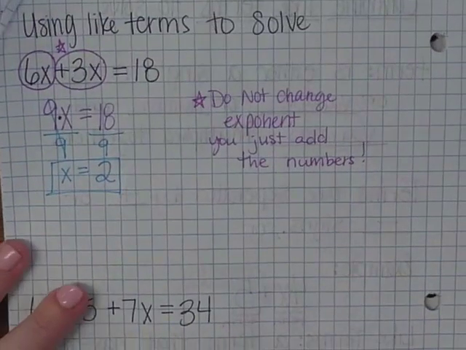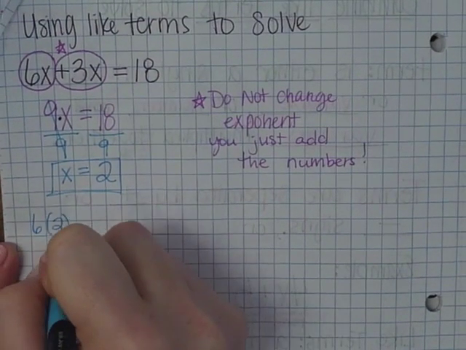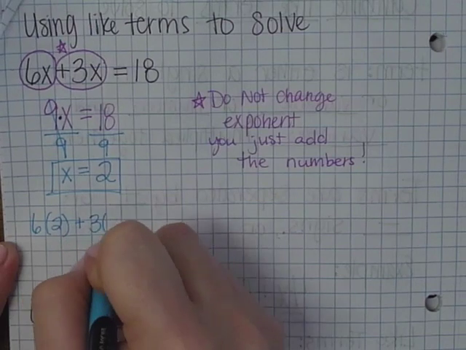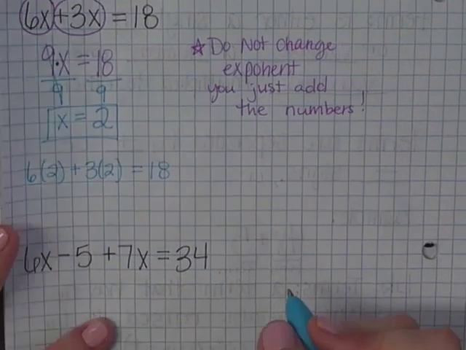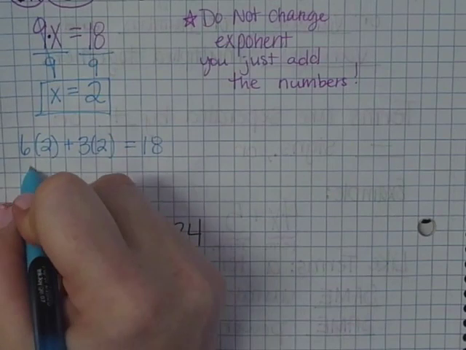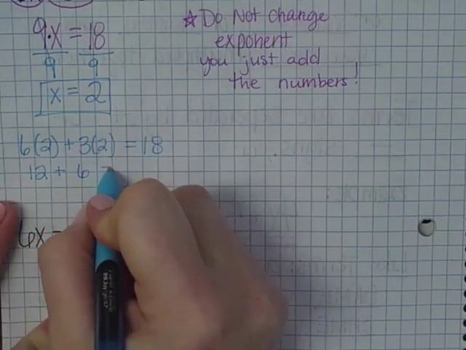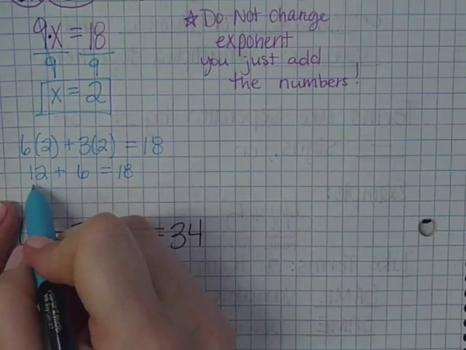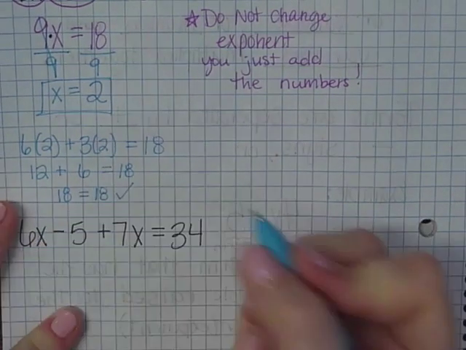Let's check our work. 6 times 2 plus 3 times 2 equals 18. 6 times 2 is 12, plus 3 times 2 is 6. 12 plus 6 is 18. 18 equals 18.